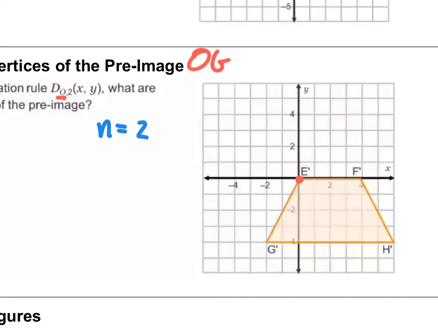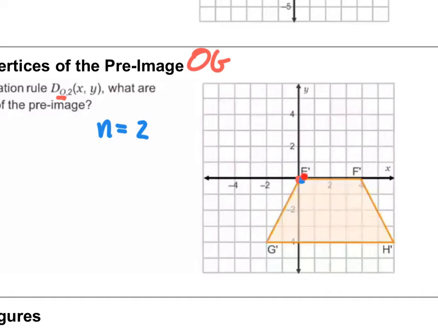I see that E prime F prime has a length of 4. Since this is the larger version, the original had to have been smaller by a factor of 2.